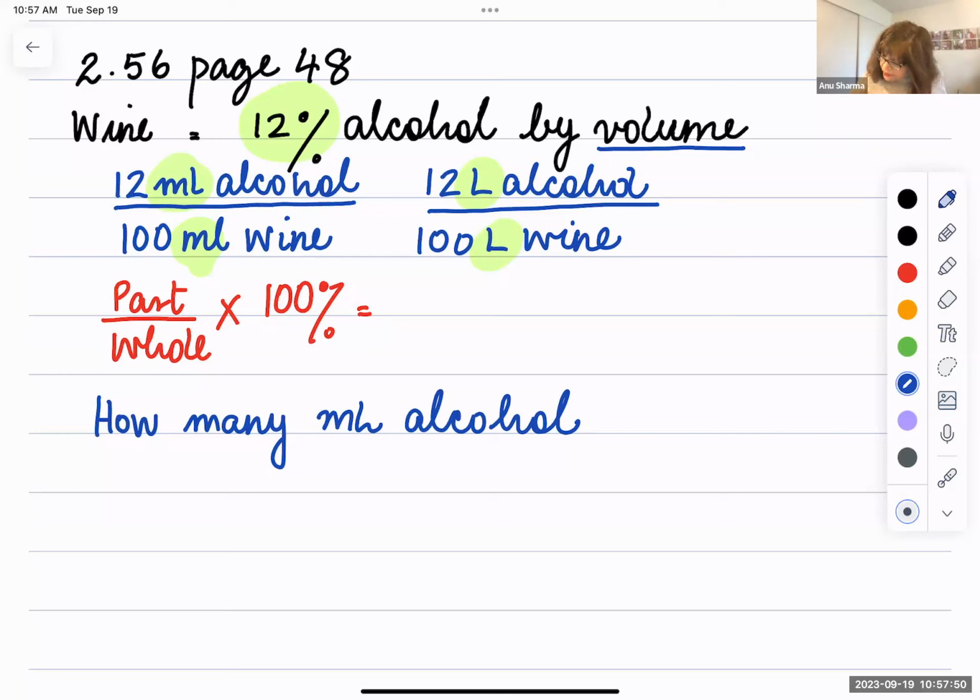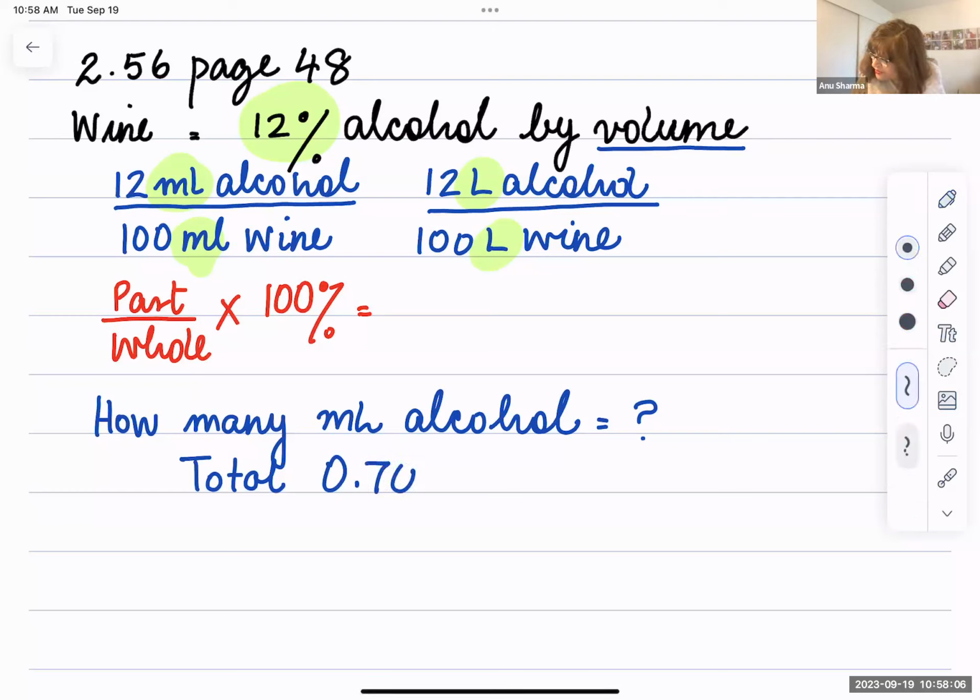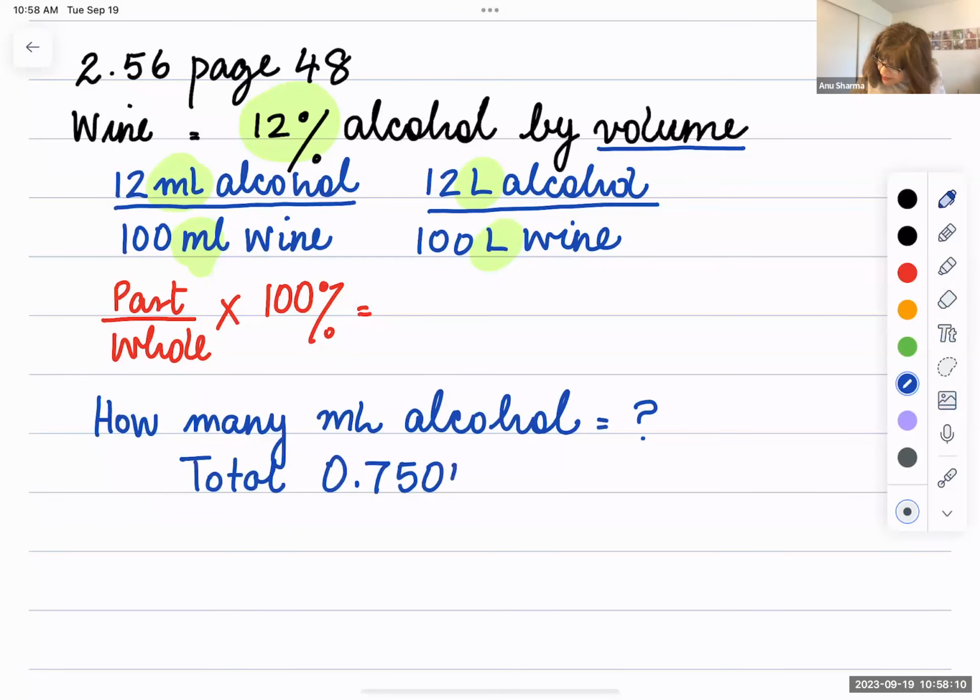So the alcohol, and the total wine given is 0.750 liters of wine. So how many milliliters of alcohol is present?